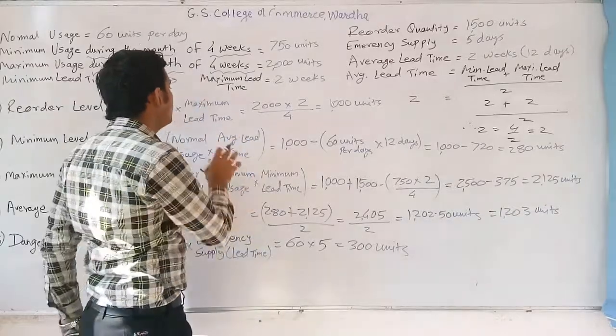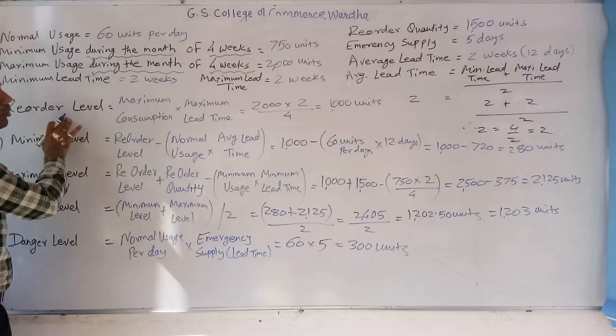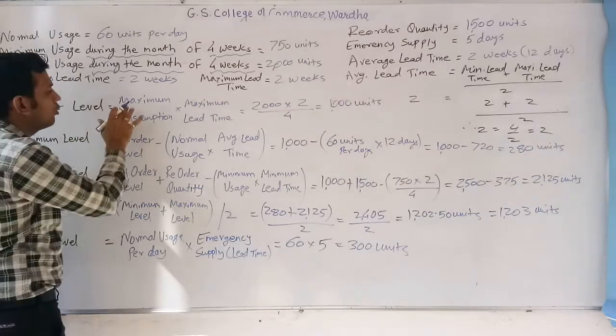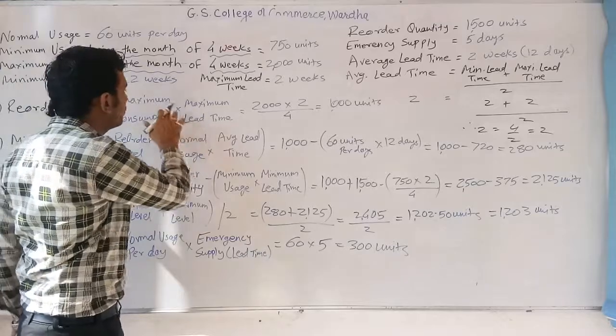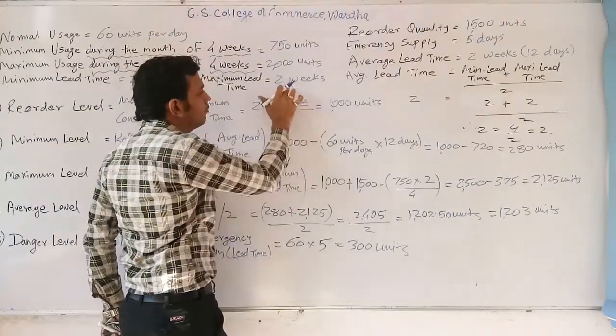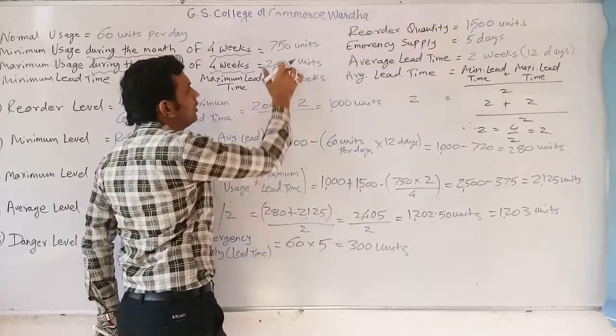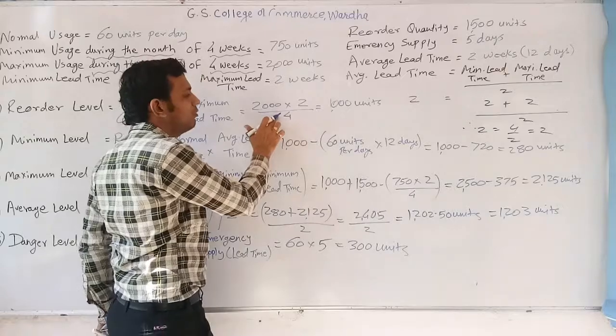Hence, while using minimum and maximum consumption, we have divided by 4. For example, in reorder level, maximum consumption into maximum lead time: maximum consumption was 2000, maximum lead time we calculated as 2 weeks. But as consumption was given on a monthly basis, we have divided it by 4.